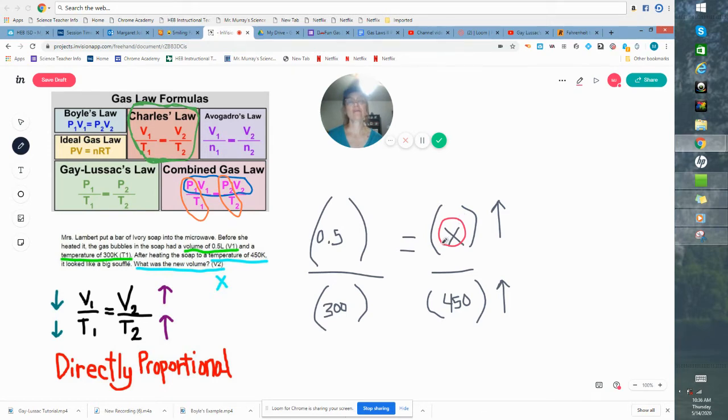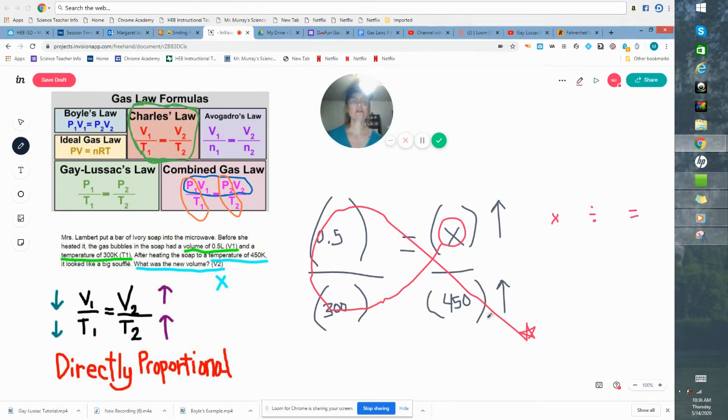I find my X, backwards fish. This is where I'm going to start. And I know that I'm going to multiply first and then divide. That's the order of things. And then I'm going to hit enter or equal.